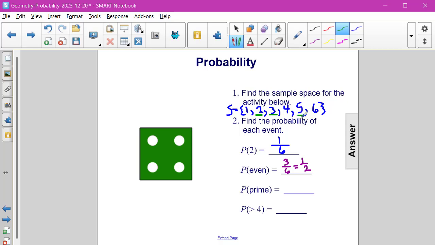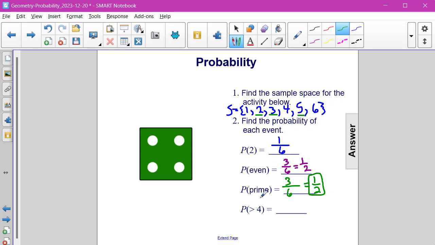And 5 is also a prime number because its only factors are 5 and 1. Now 4 and 6 are both considered composite numbers because 2 can divide into 4 and 3 can also divide into 6, aside from 1 and the number itself. Therefore, the only prime numbers in this set are 2, 3, and 5, meaning we have 3 potential prime number outcomes out of the total 6, which also reduces to 1/2.